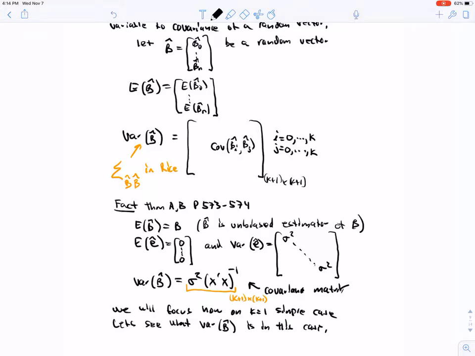So that's the variance covariance matrix. And furthermore, the variance of beta hat is sigma squared x transpose x inverse. So that's your covariance matrix.